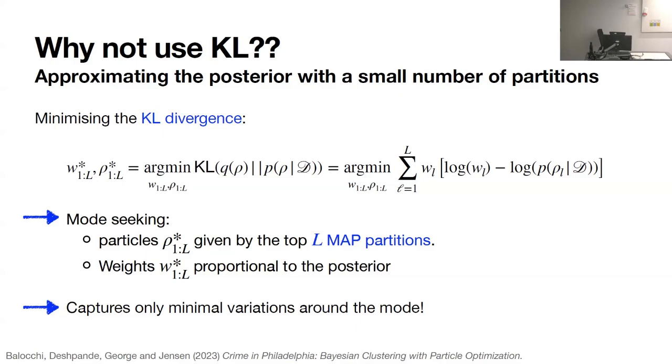If we take a clustering solution, the mode of that, and we change the allocation of a single data point, the posterior mass is not going to change much. So these top partitions tend to consist of a bunch of clustering solutions that only change the allocation of a single data point. So they're not really characterizing the variability in the distribution.